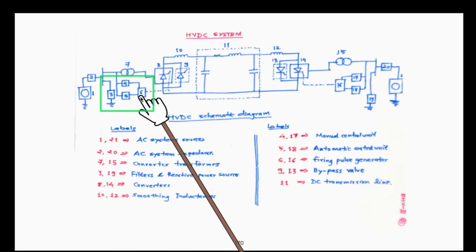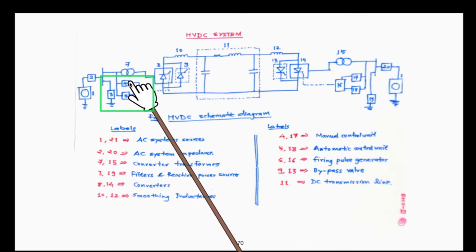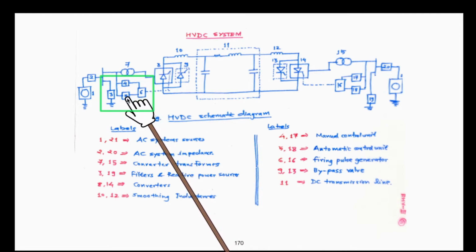Apart from the pulse generator circuit, for its operation you require certain control mechanisms. There are two types of control mechanism. One is manual control, that is 4, in case automatic control fails. The automatic control is 5.